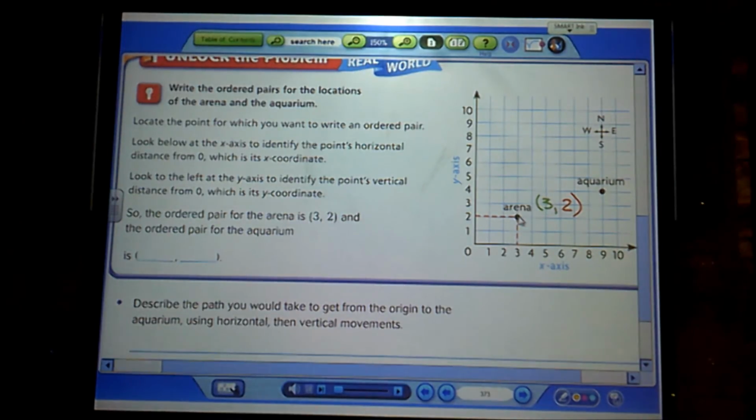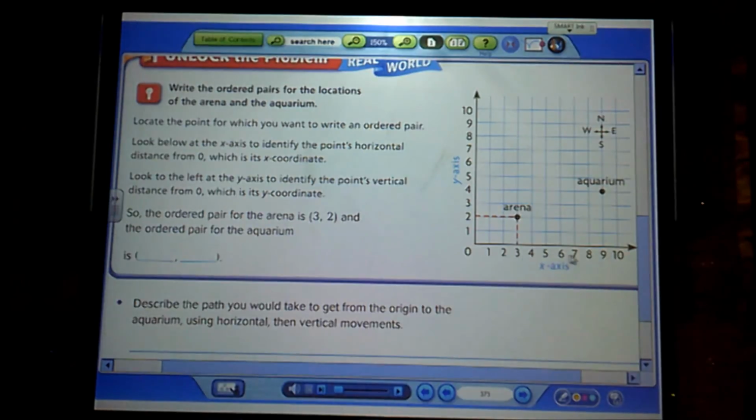Let's see if we can identify the coordinates or ordered pair of our aquarium. So what we're going to do is we're going to go over first, right? We're going to start at our 0, 0, down in our bottom left-hand corner, and we're going to count over until we get below where our aquarium is. 1, 2, 3, 4, 5, 6, 7, 8, 9.